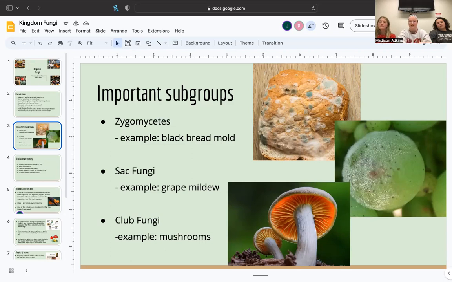They reproduce sexually with the basidia, asexually with spores, and they can be identified by the gill structures, like on the bottom of mushrooms, and that's where the clubs will form. This category of fungi makes up the majority of our edible fungi, like mushrooms. And another kind of club fungi that we talked about in class were the puffballs and shelf fungi.